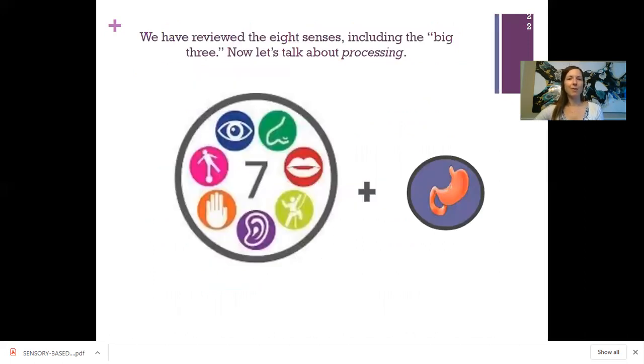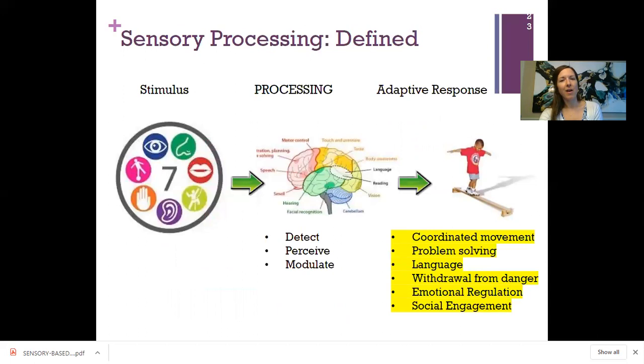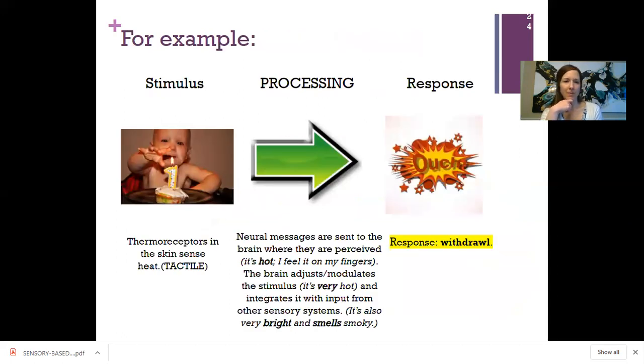Okay, so we've reviewed the 8 senses, and let's talk real quick a little bit more about processing. We talked about how this happens in the brain, and sensory information is detected, perceived, modulated, and then you have that adaptive response. So just a couple examples of this. In this case, the little baby's reaching out toward the candle. So we have our tactile receptors, that's the stimulus.